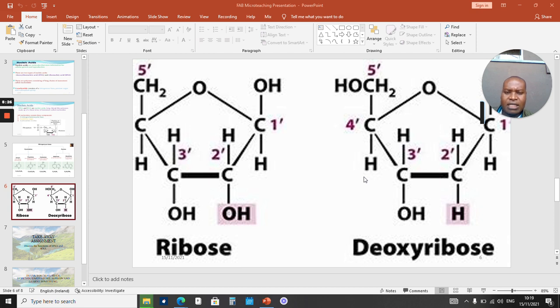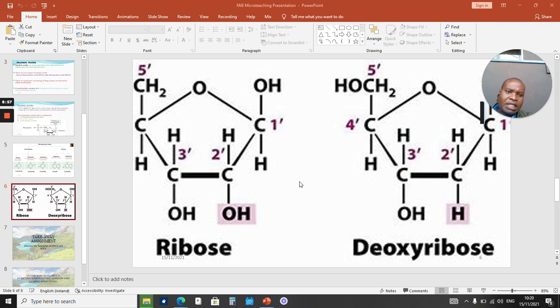So in this, very good. Now in this cyclic structure, you realize that in the ribose sugar, we have an H and an OH group, while in the deoxyribose, the 2 attachments in the beta carbon are H and H. So the ribose sugar exceeds the deoxyribose sugar in beta carbon number 2 by having an extra atom, which is oxygen.